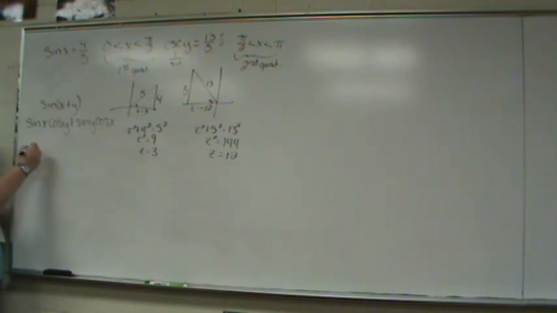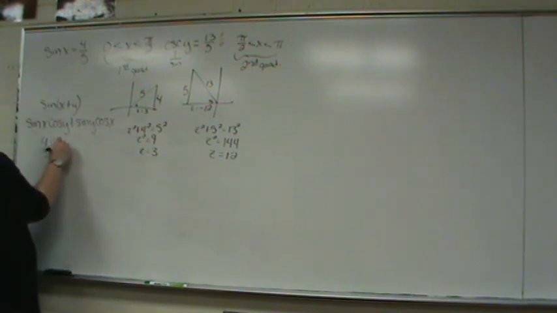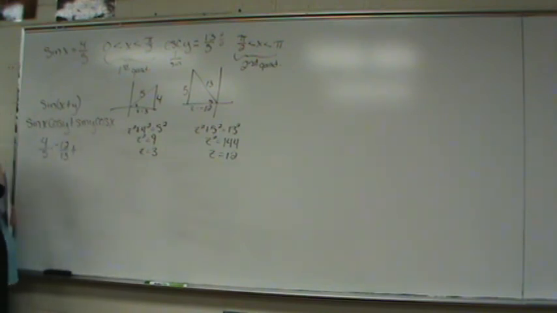What's sine of our angle x? It's 4 over 5. And then we're multiplying by cosine of y, which is negative 12 over 13. And then we're adding the sine of y.